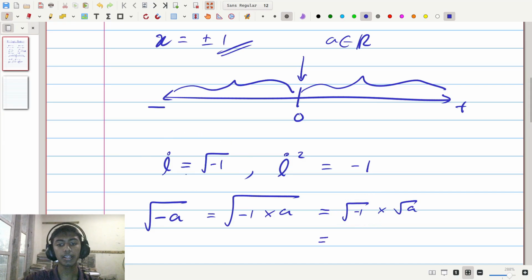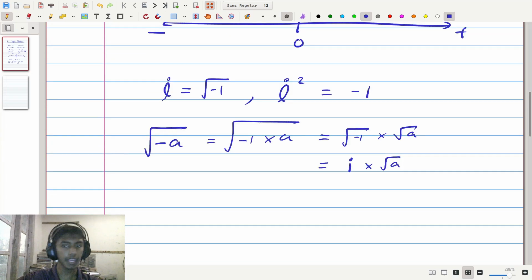So we have i multiplied by the square root of a. We would usually write this with the i on the end because it acts more like a variable in the sense that it goes after numbers. So we have the square root of a times i, and this is the general form when we have the square root of a negative number, where a is some element of the real numbers. So here we can see we can now expand to find the square root of any negative number.